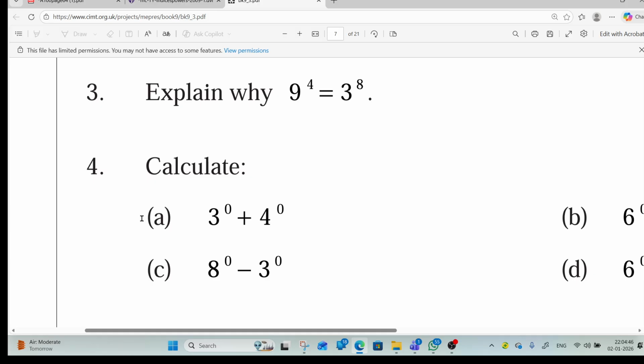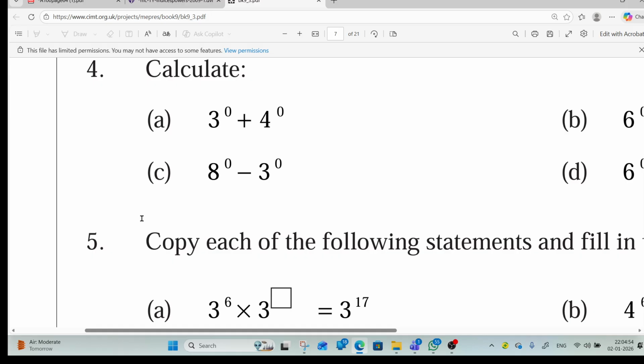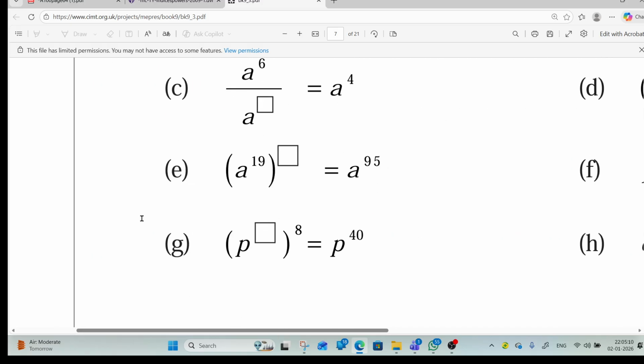And 4 to the power 0? 1. So 1 plus 1 is 2. So the answer is 2 for this. Try C. 8 to the power 0 is 1. 1 minus 1 is 0. Very good. That's 0. Absolutely correct.